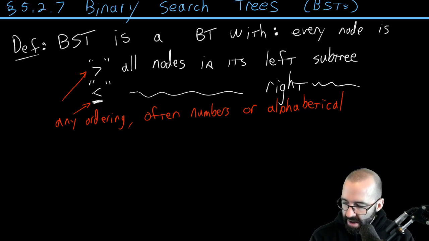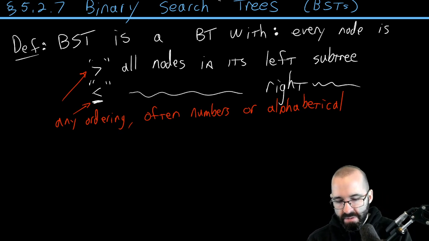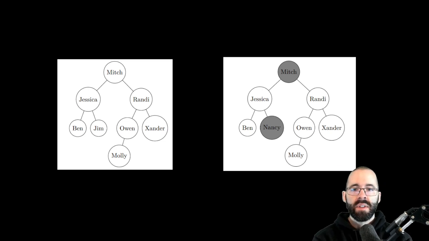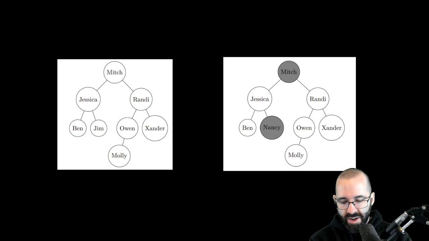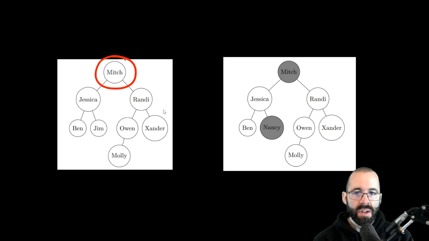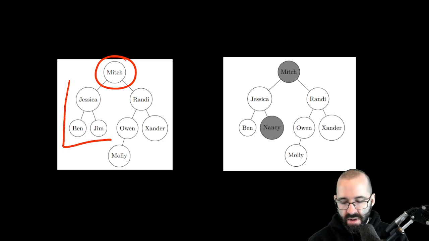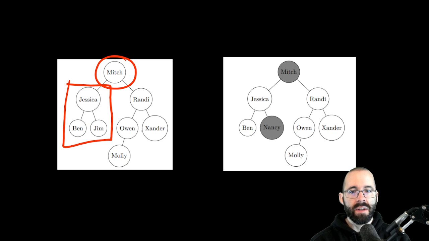So let us look at an example. We have two graphs here, two trees, two rooted trees, two binary trees, but only one binary search tree. And it's spoiled a little bit for you thanks to the graphic from the book. But the idea is in this left thing, which is a binary search tree, everything in the left subtree of Mitch is earlier in the alphabet.